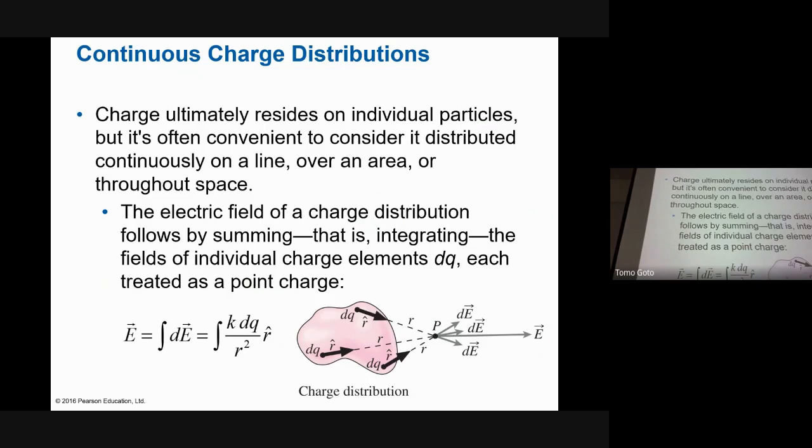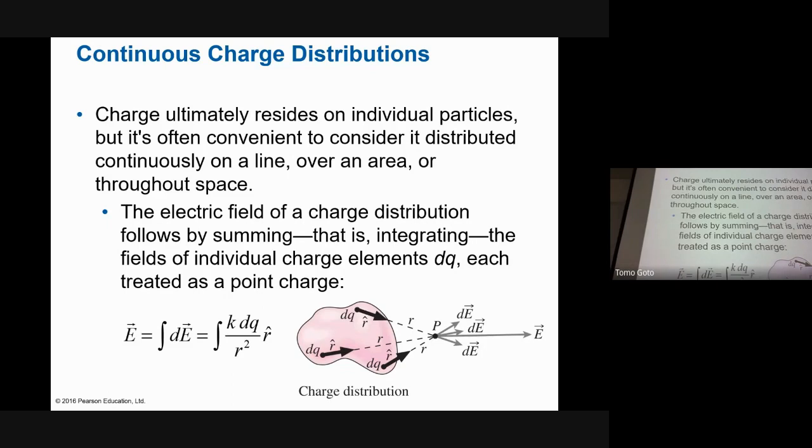Continuous charge distribution. Now we've been talking about point charges, but what if it's continuous? Say something like this. It's not a point charge, but it has some size, and it has some charges here and here and here. If you have something like this, there are plus signs everywhere within this object.